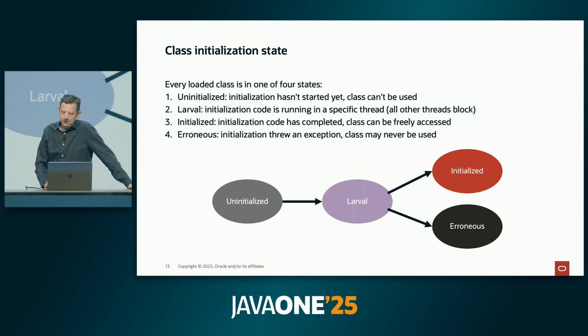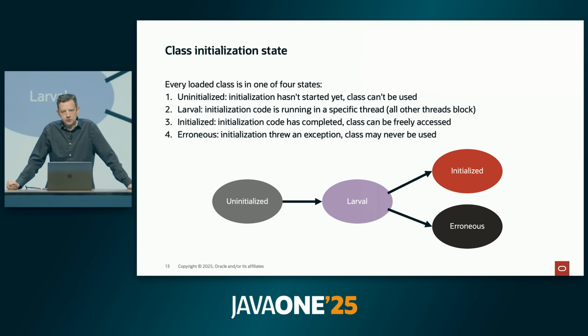Class initialization at runtime has a state that is tracked by the virtual machine in order to control the status of the class. So it starts out uninitialized when you load a class. At some point, something triggers initialization of the class, and it enters the larval state and begins to run the initializers in the class.